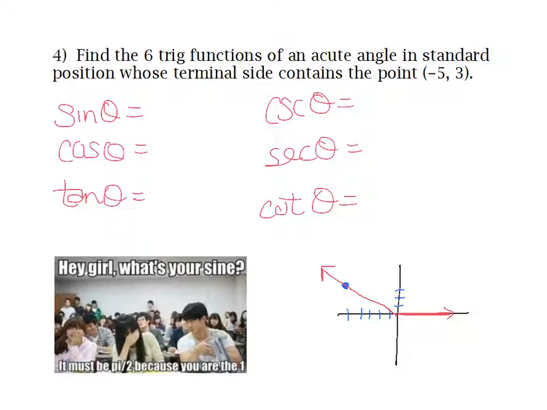Now, I'm supposed to find all the trig functions for that particular angle. And that angle, if you recall from your unit circle, from yesterday when we did the unit circle, I don't know that this is one of those special angles. It would be nice if it was, but I don't necessarily know that it is.